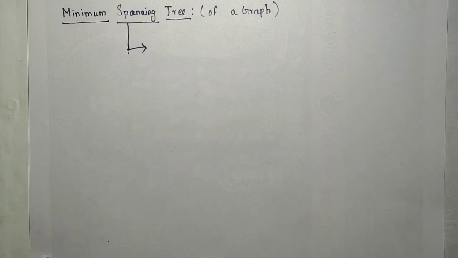If you add the cost of the edges in the resultant spanning tree, that should be the minimum. So that is called the minimum spanning tree. It is a spanning tree constructed from the weighted undirected graph, which connects all the vertices by using the minimum number of edges.